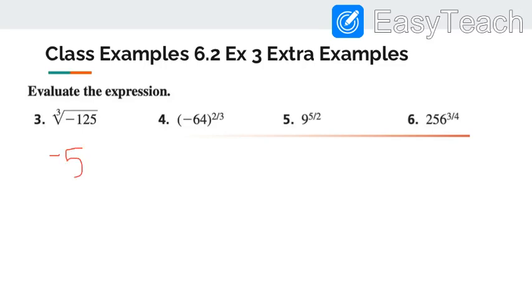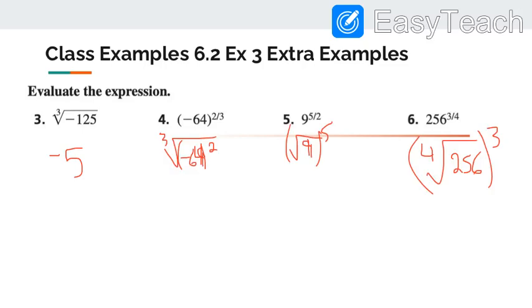First one would be negative 5. The next one here, as you work these through, this one would become 16. This one here would become 243, and the last one would become 64. Again, it's important to be able to rearrange and then use Desmos to calculate.